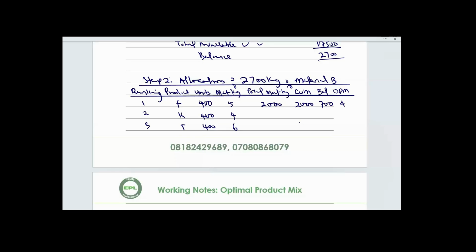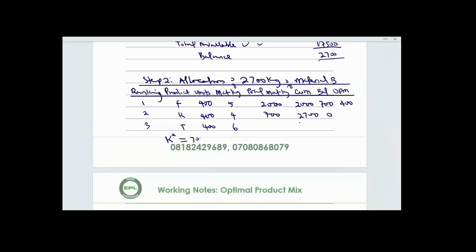Therefore, we want to produce 400 special order for F. 400 multiplied by 4 will give us 1,600, but you don't have 1,600, you only have 700. So you restrict to 700 for product K. 700 plus 2,000 will give us 2,700. Balance 2,700 minus 2,700 will give us 0. Therefore, how many units of K special order are you going to produce?